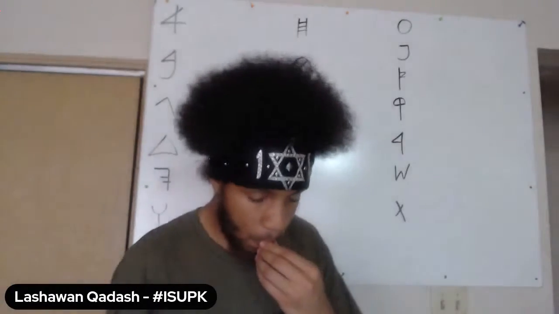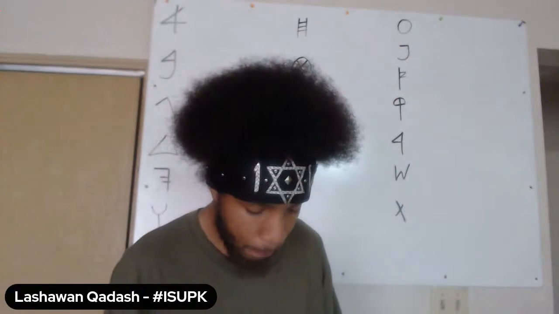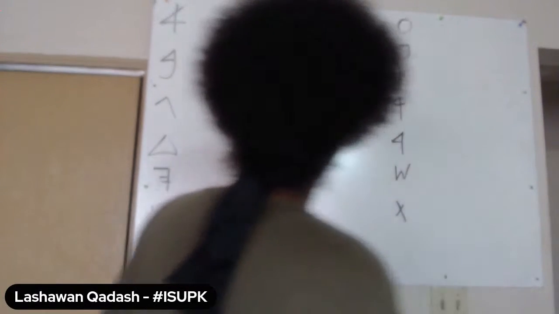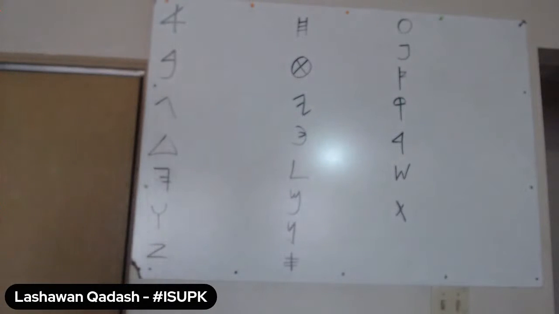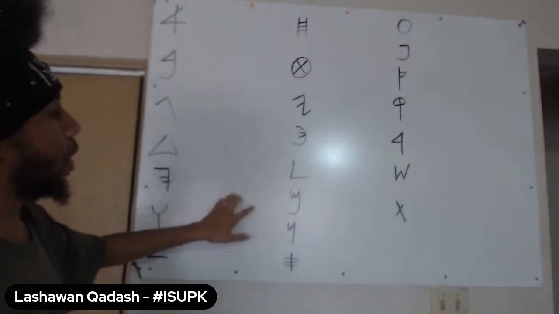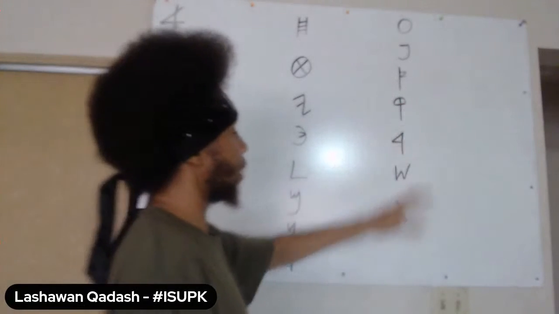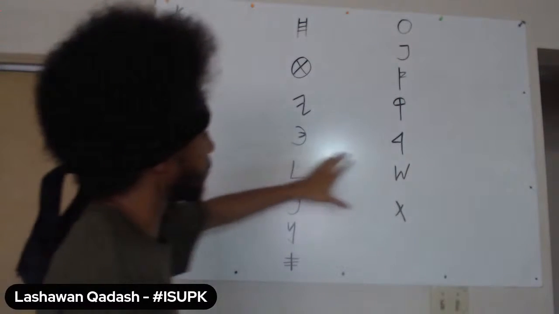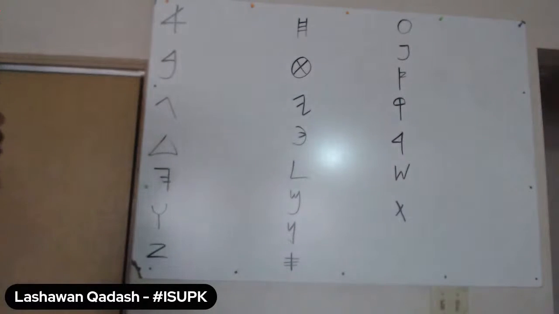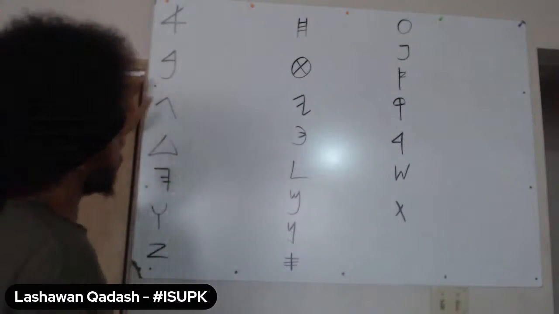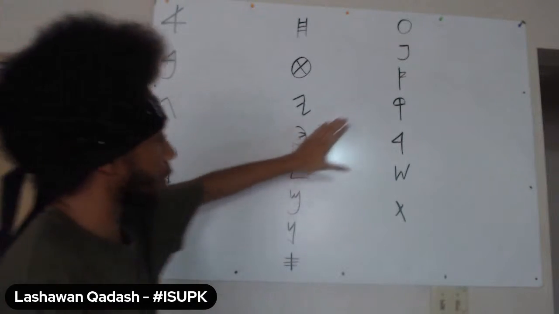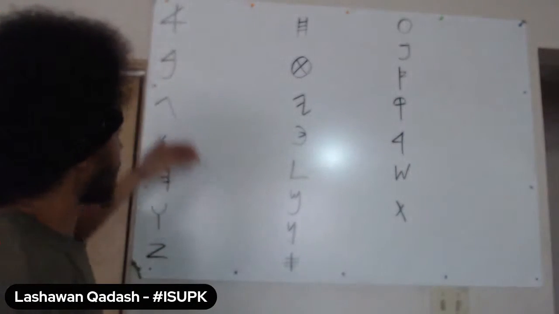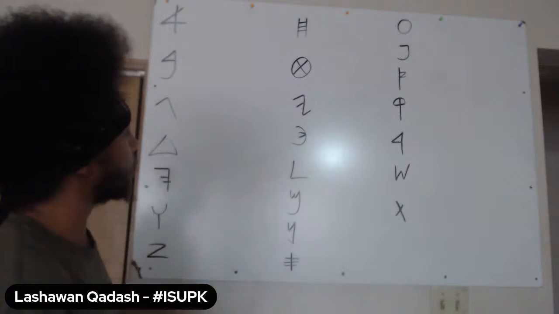So what we're going to do here is get into the actual alphabet. Usually I do the format how you would see the actual Lashawan Qadash paper, like the chart, but I did it this way so we have more space. As you know, everything is right to left, but since we're doing it this way, just to make it easier for the class, in the future I might change it up to where we can break everything down.